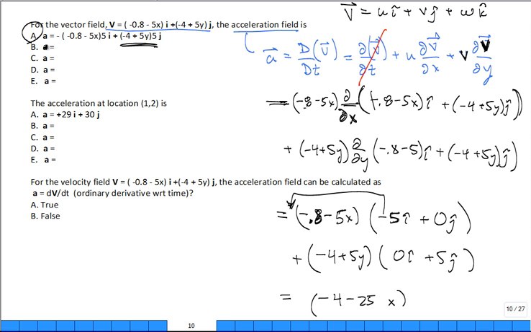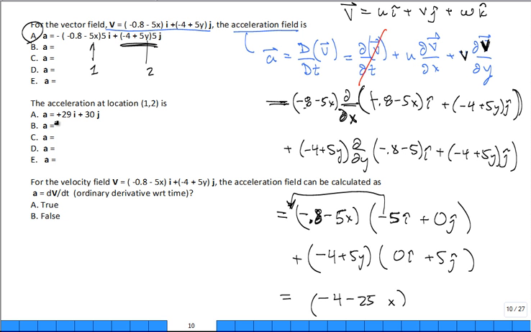True? Okay. What is the acceleration now evaluated in the field at the location 1, 2? Take this, put in the 1, put in the value 2, and compute it.